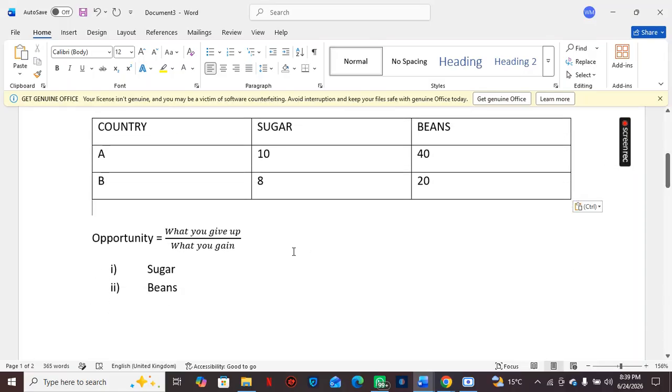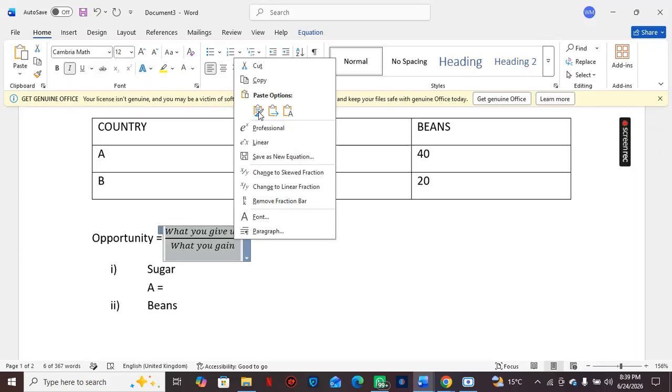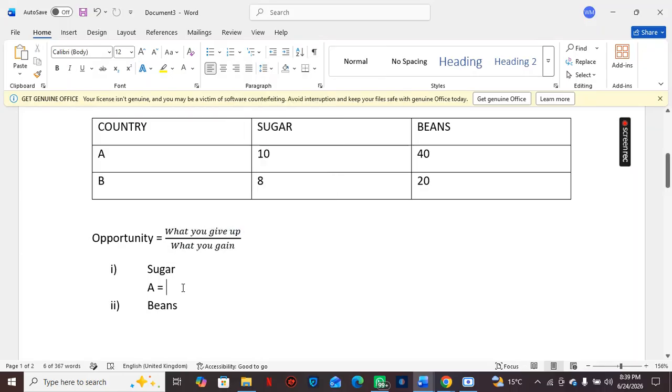All right, so if we look at country A, in order to produce sugar, it has to give up 40 units of beans.